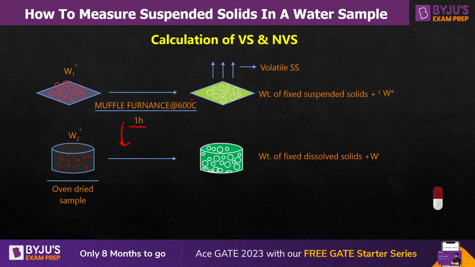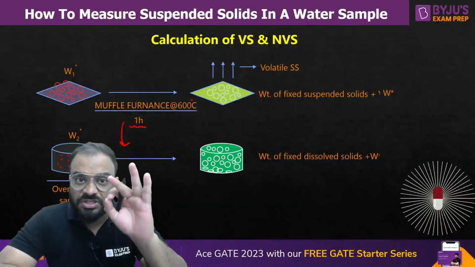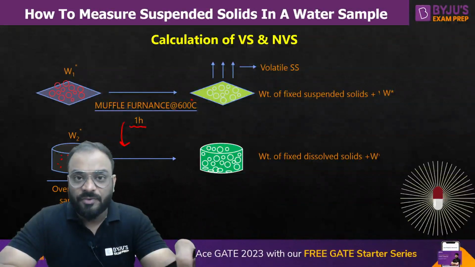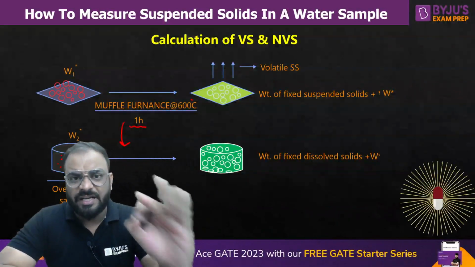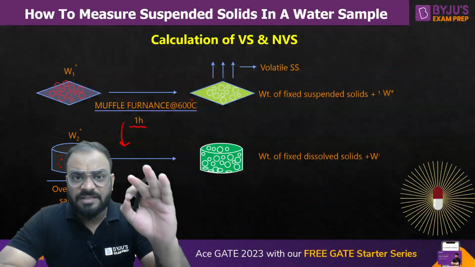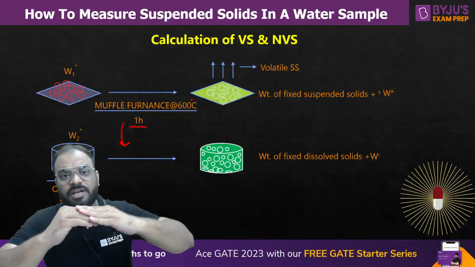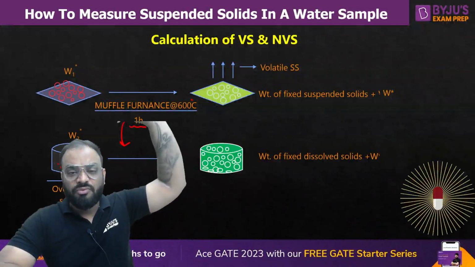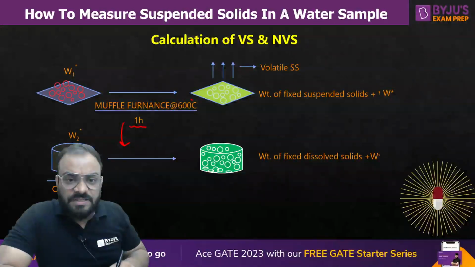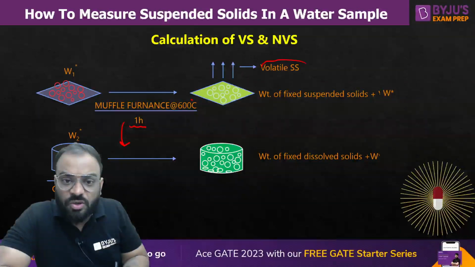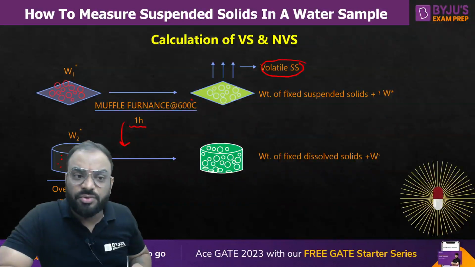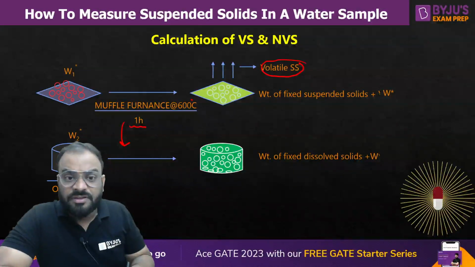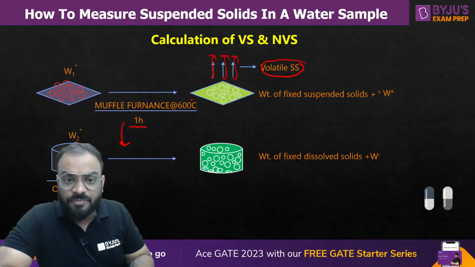Now what will happen? Those solids which are volatile in nature or can change their state may be converted into the gaseous form. So ultimately these solids may get removed into the air. So the volatile suspended solids get converted into the gaseous form and are removed into the air.